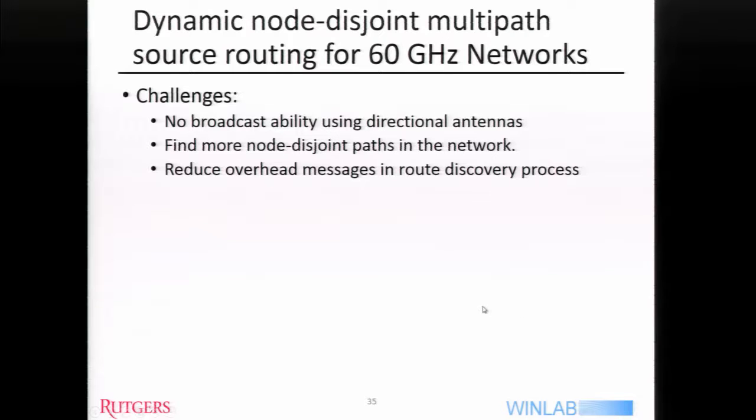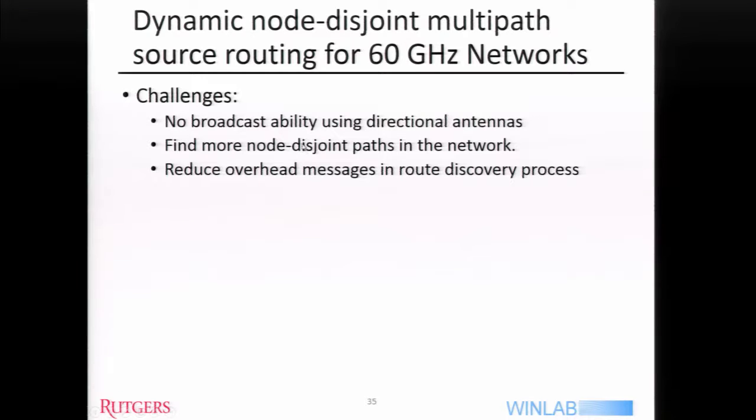There are many challenges to discovering multiple node disjoint paths. The first thing, as I mentioned before, is that because you use directional antennas, you cannot do a broadcast. With omnidirectional antennas, I just broadcast the route request, and all my neighbors will receive it.